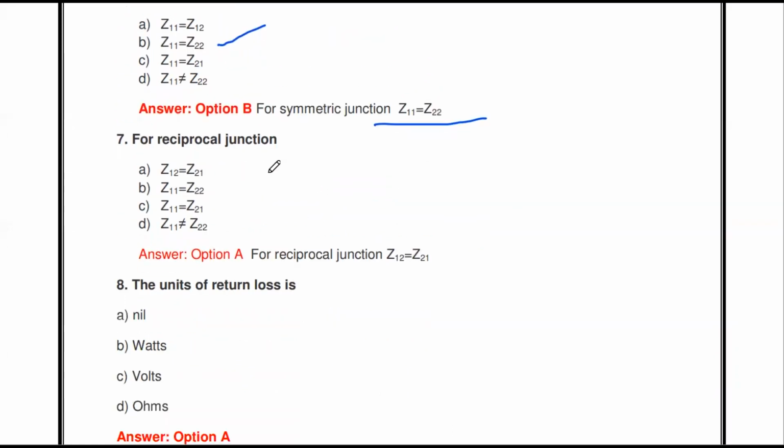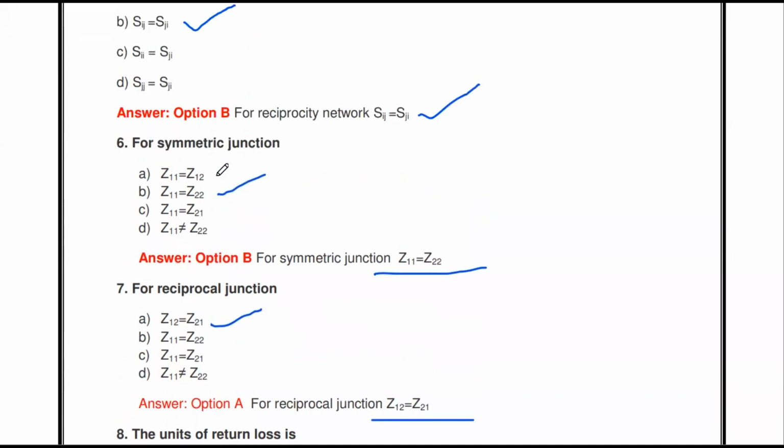Similarly, for a reciprocal junction, what is the condition in terms of Z parameter? For a reciprocal junction, the Z12 value and Z21 value are both equal. So these are the symmetric and reciprocal junction conditions in terms of Z parameter.